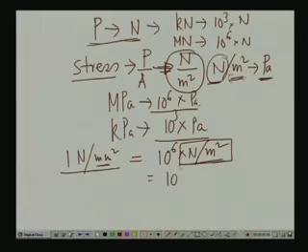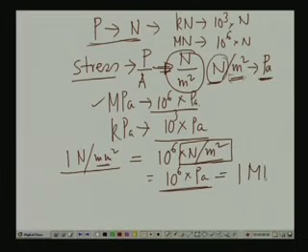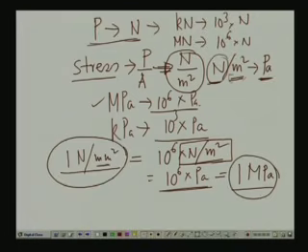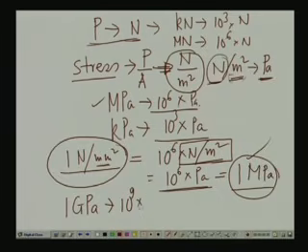So, this is 10 to the power 6 Pascal, which is megapascal. So, this is nothing but 1 megapascal. We can say that 1 megapascal is equal to 1 Newton per millimeter square. Also, many times we use the unit gigapascal, which is 10 to the power 9 times Pascal.